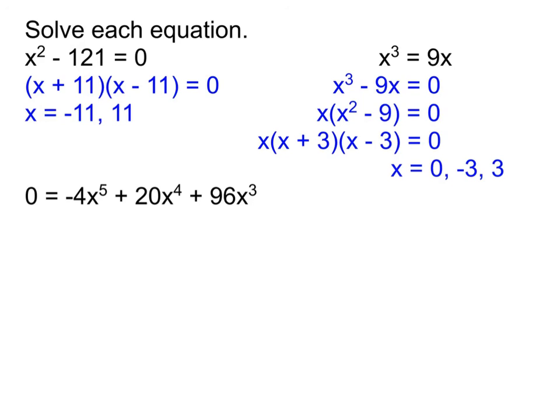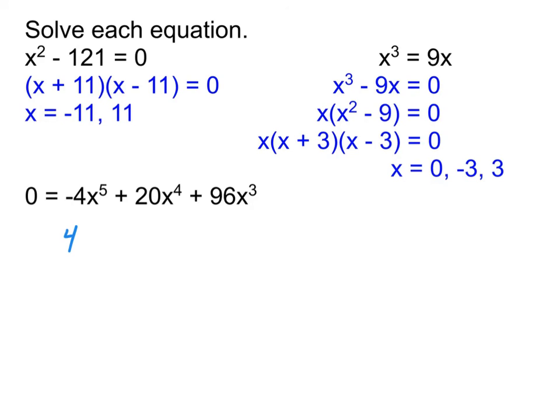All right, let's take a look at the last one now. For this last one, just like I did up here, there was something I could factor out of both terms. Notice there's some factoring we can do here as well. So, what can I pull out of every single term? Well, I see 4 goes into everything.